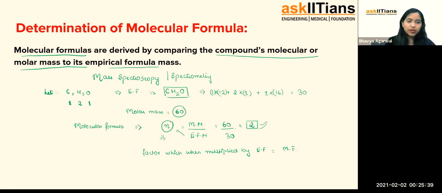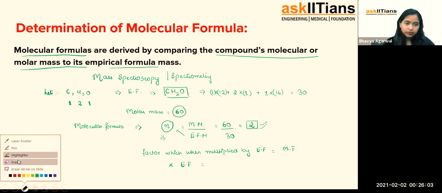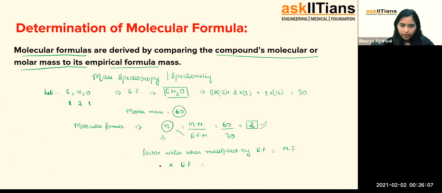So if you multiply it with that factor, you'll get the molecular formula. So the factor was 2 into the empirical formula. Or basically, in a nutshell, I can say that N into empirical formula will give me the molecular formula.